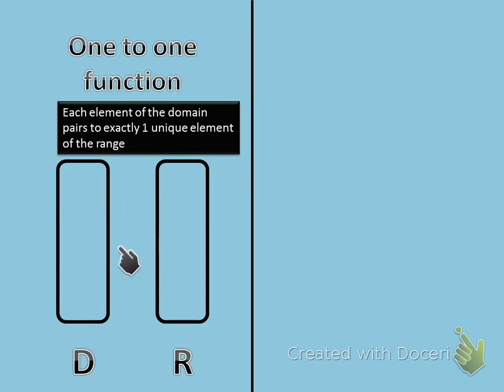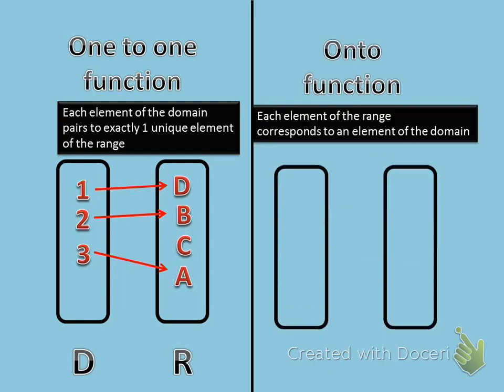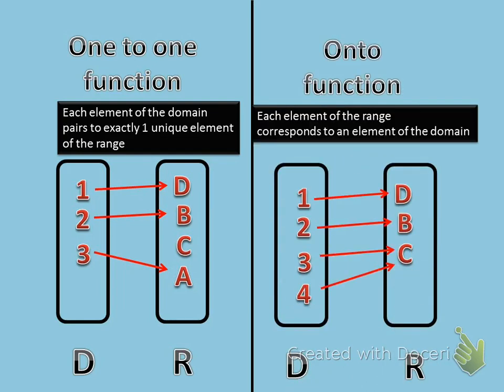I don't want you to write this mapping just yet. Okay, just write this part down first and then we'll talk about it. Alright, I'm actually going to put everything up there though, just to make it all make sense. Okay? So I want you guys to write the top halves first. Okay, one-to-one. Each element of the domain pairs to exactly one unique element of the range. That is a one-to-one function.